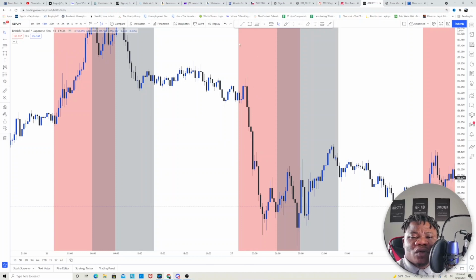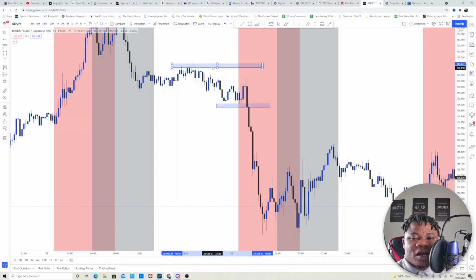So now, looking at the Asian session, we need to figure out the highs and the lows of the Asian session. Here we have the low in the Asian session. So this is our low for the Asian session, and we have our high for the Asian session right here.